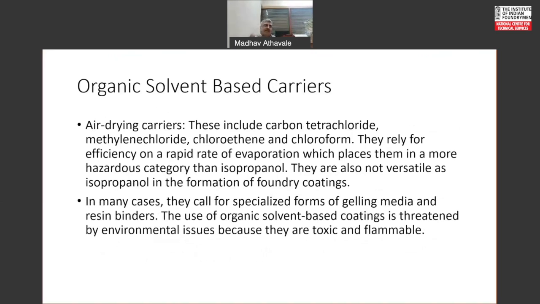Sometimes chlorinated carriers such as carbon tetrachloride, methylene chloride, chloroethane, chloroform, in special applications where you don't want to flame out the coating, you want it to evaporate in air itself, but then they are hazardous. Also, their chemical nature is such that they are not as versatile as isopropanol in the formulation of foundry coatings.